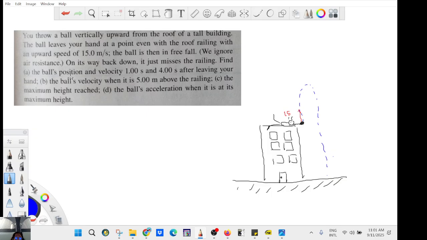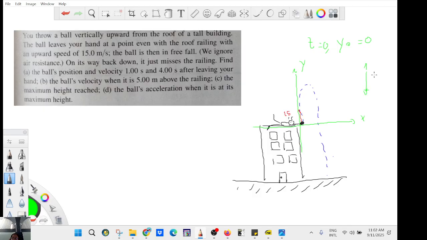Find the velocity and the position. Okay, so do it. The more you do it, the easier it will be. So I'm going to take my x, y here, so that way I can say that the initial position equals 0 when I start my stopwatch.